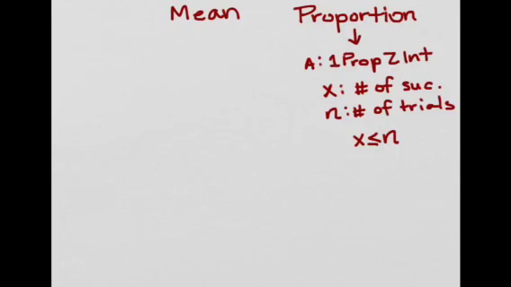All right, so that takes care of proportion. But what if it's asking us for a confidence interval for a mean? Well, then I have a second question that I have to ask myself, which is, in this problem, do we know sigma or do we not know sigma?